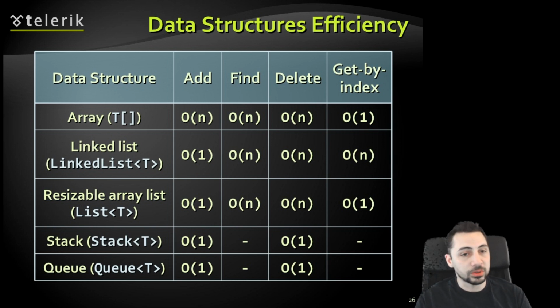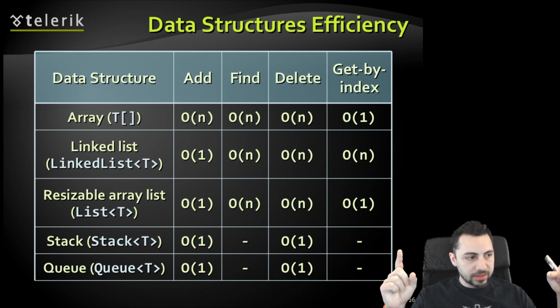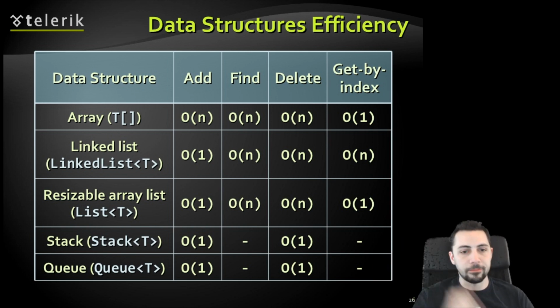Now, the only place where an array really excels is in the get by index, using the square brackets. Using the square brackets, it's constant time, because the array is allocated in a chunk, and so it basically does a little bit of math with pointers and jumps directly to the place you need to get.